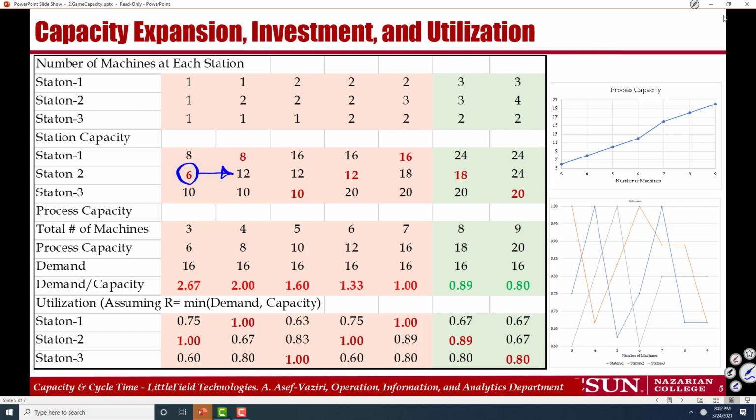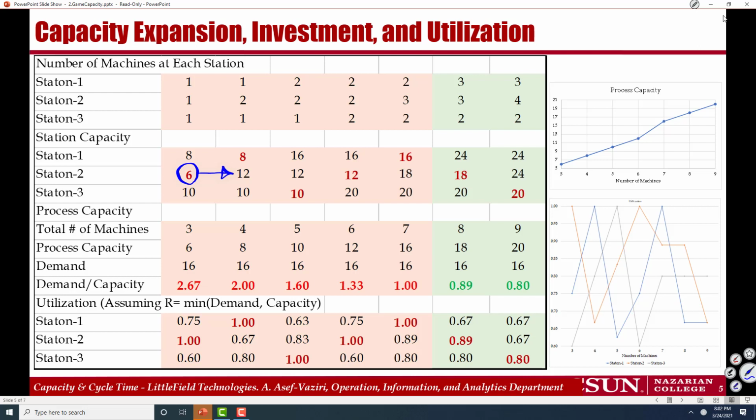Because of the bottleneck, the internal bottleneck, because right now demand is higher than our capacity, so the bottleneck is not external, is not demand that requires us to go and do promotion, discount, and something like that. Demand is 16 per day. We can only produce 6 per day. The bottleneck, the binding constraint is internal, and that is station 2.